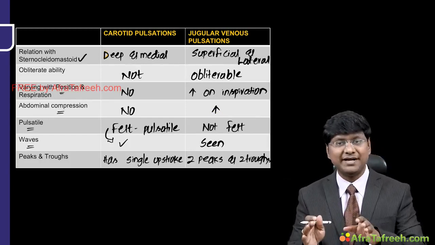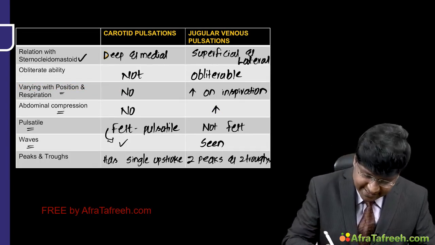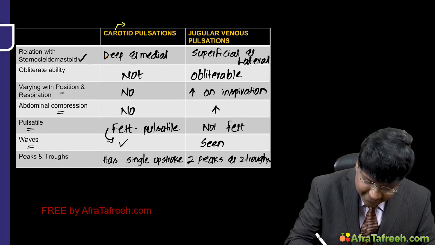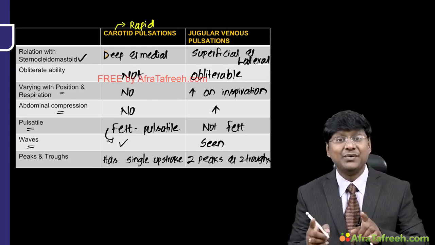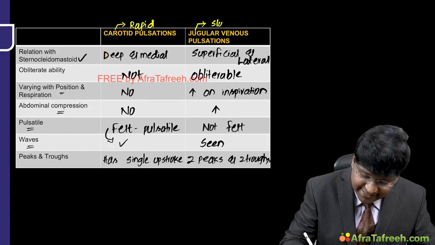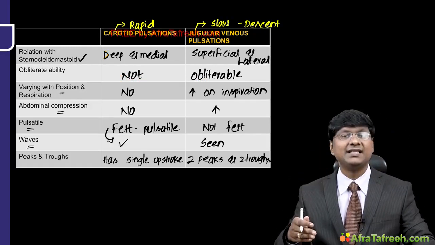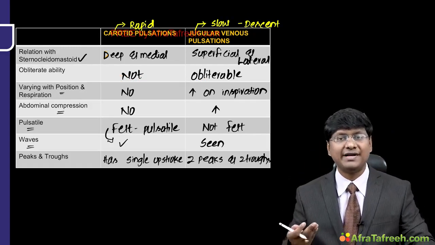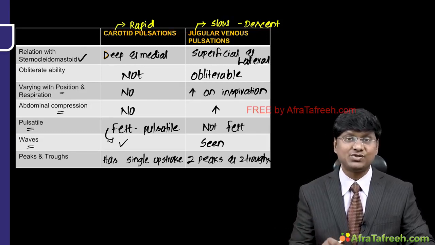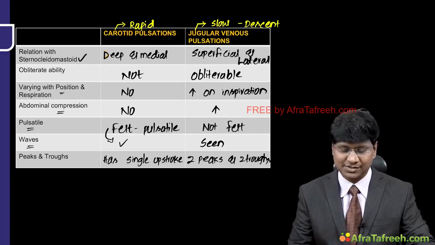In a normal individual, the descent in the carotid pulsation is rapid, while the descent in the jugular venous pulsations is slow. Descent in the sense of the decrease in the volume or decrease in the pulsations. It is rapid in case of carotid, whereas it is slow in case of the jugular venous pulsations, right?